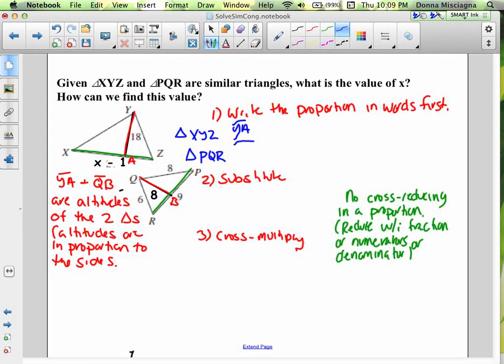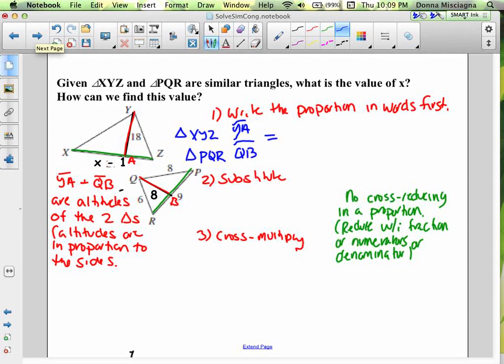It corresponds with the other altitude. So YA and QB correspond because those two are altitudes. And now we just need a side in the triangle. The side we better use is XZ because we're solving for x, and that's where x is located.